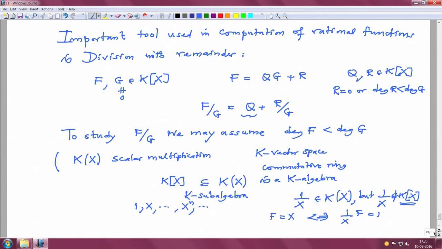Now polynomials become invertible there. So it becomes a field in the smallest possible way. This means the polynomial ring is embedded in the smallest possible way into this bigger field of rational functions. This is also sometimes called the quotient field of Kx.